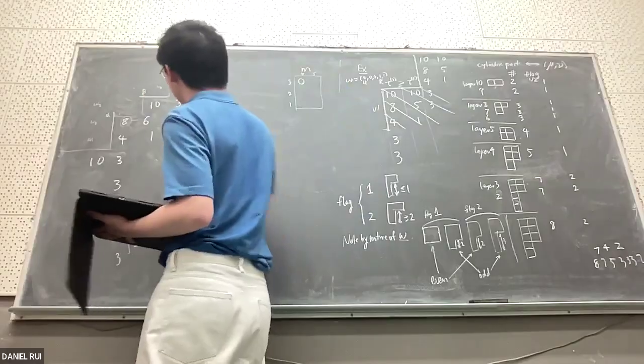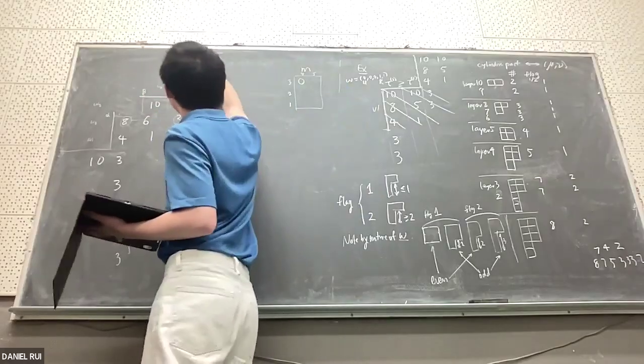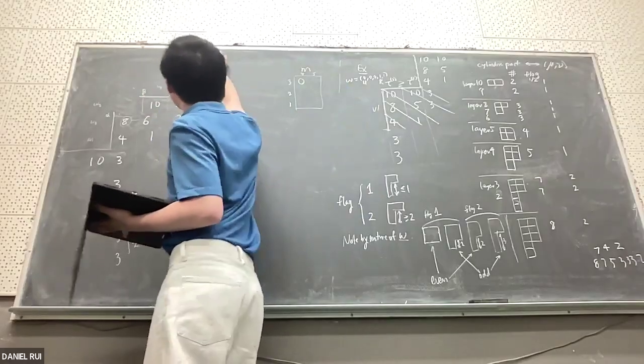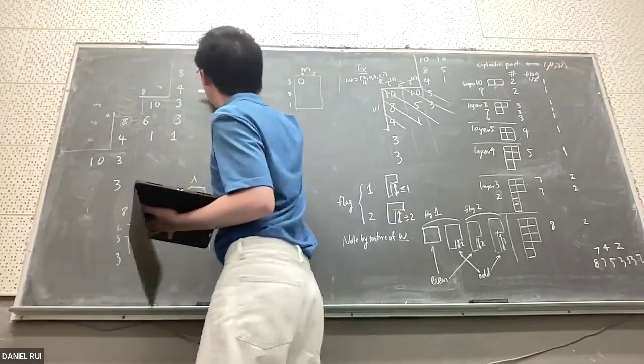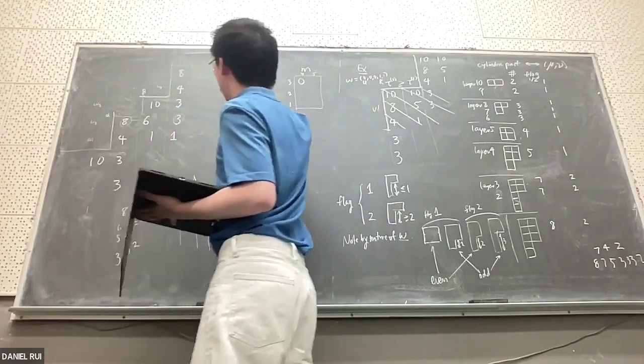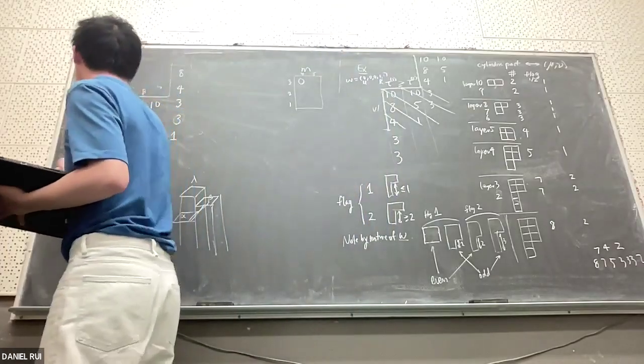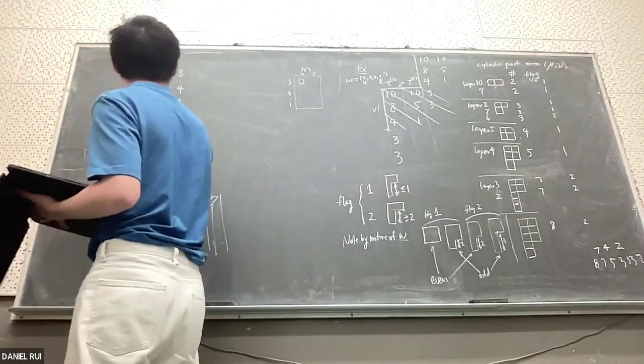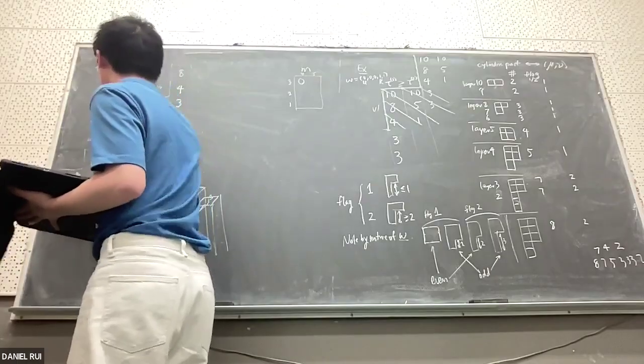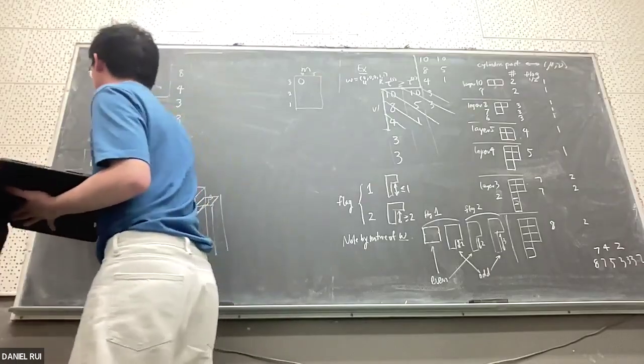So the numbers are currently empty. 6, 1, 1. And there's an empty square here. And then a 6, sorry, a 6 is here, and this is a 5.